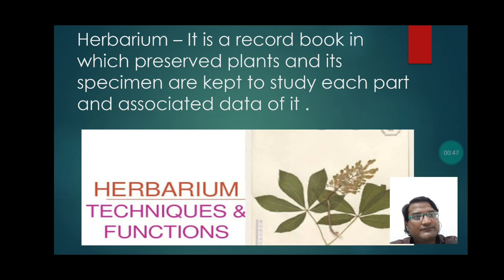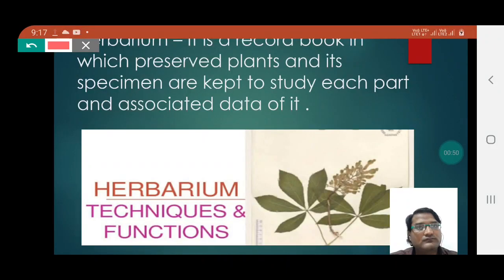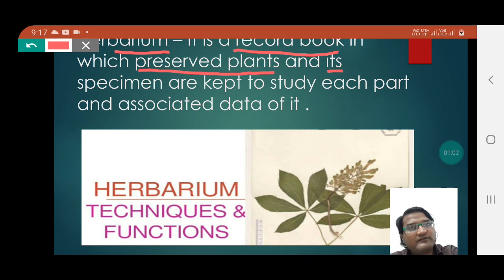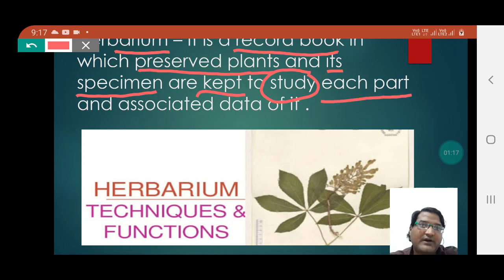Students, it's very important to know that herbarium actually is a record book in which preserved plants and its specimen are kept, and the purpose for keeping these preserved plants and specimens in this record book is to study each part and associated data of these plants.